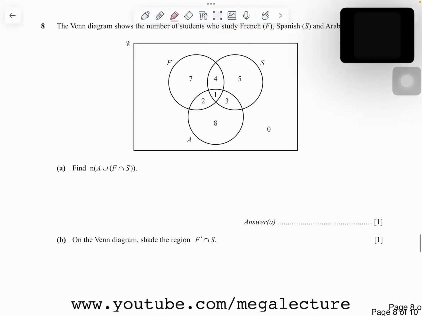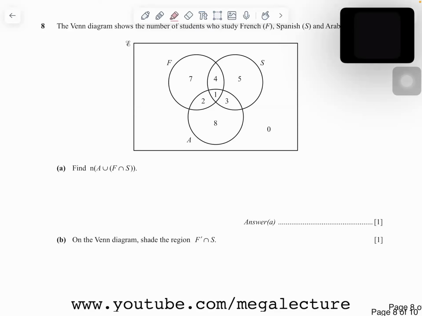All right. Did you figure out this one? Part B. Oh yeah. Which region is going to be shaded? For the second one, on the Venn diagram sheet. Oh wait, never mind.